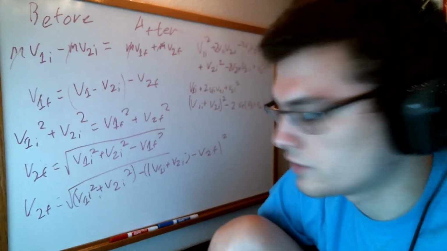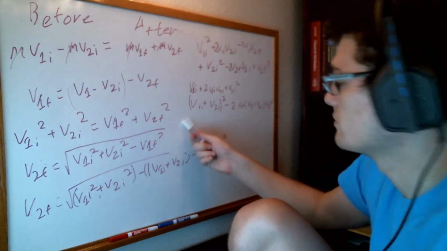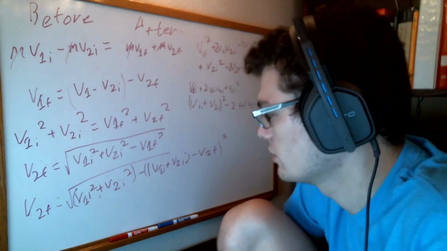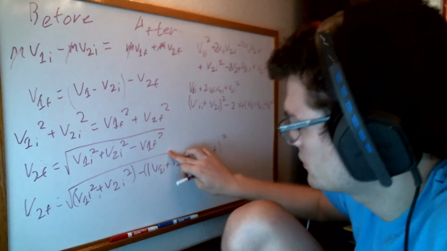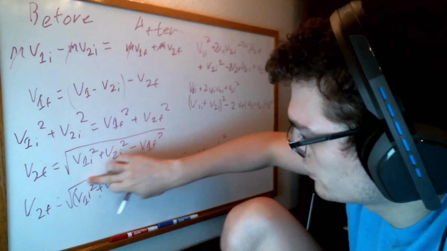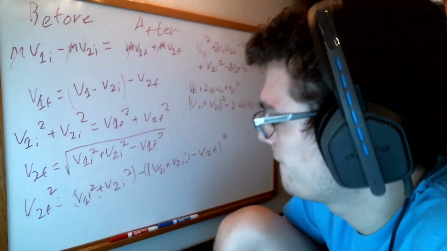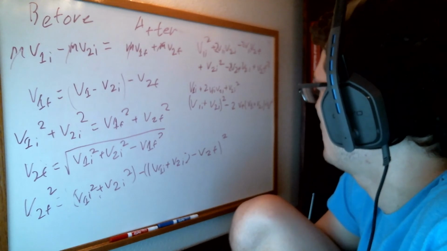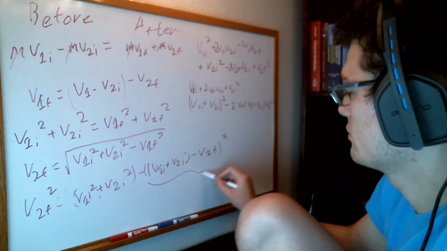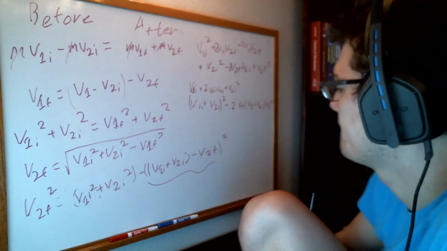Okay, so I've gone ahead and done some work out here because I didn't like the solution that they gave us. So I'm going to take away this square root and square this side again. And so then I've written out what this term squares out to be up here.